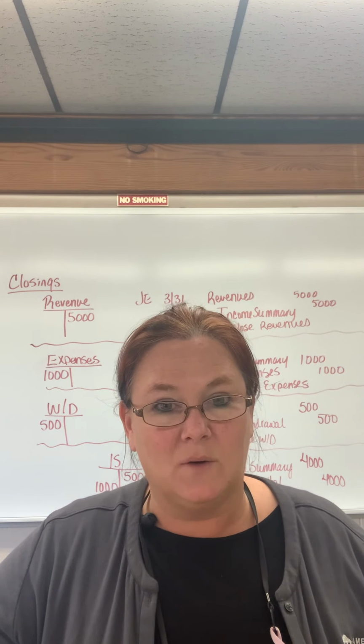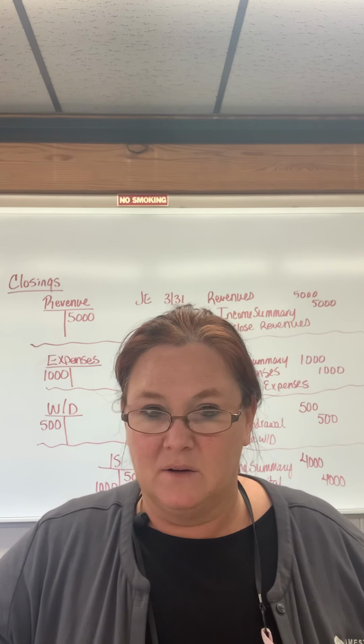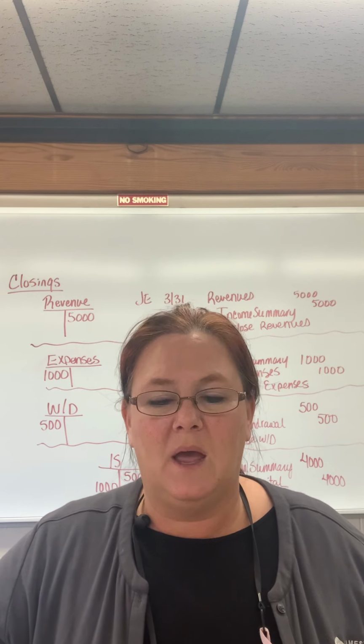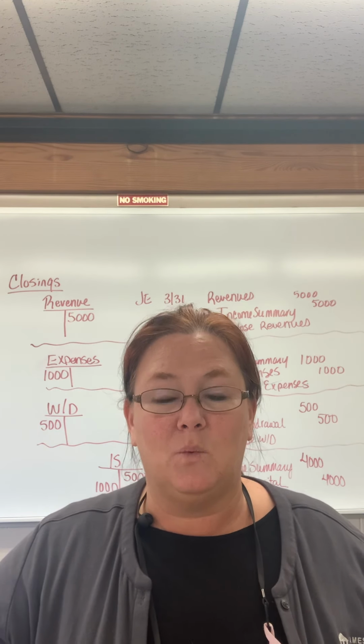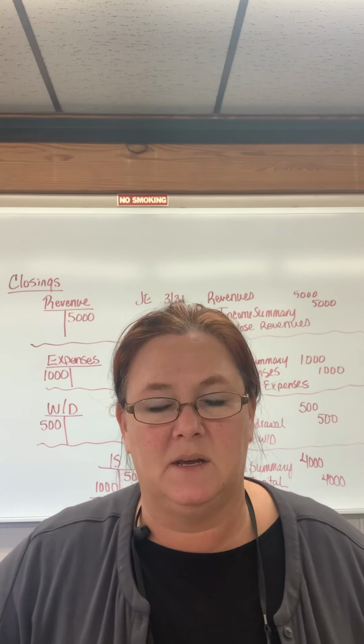We leave those accounts alone and do not close them out. But at the end of every accounting cycle, we have to close, in order, revenues, expenses, the withdrawals, and the income summary after we've created that T account.